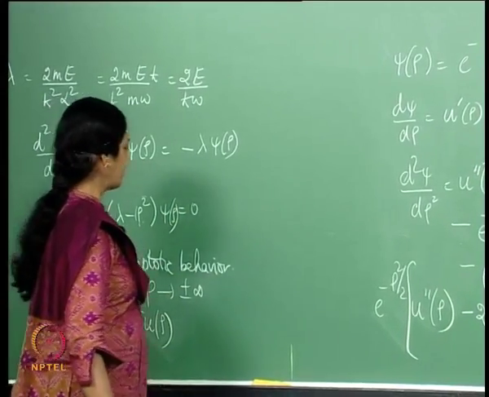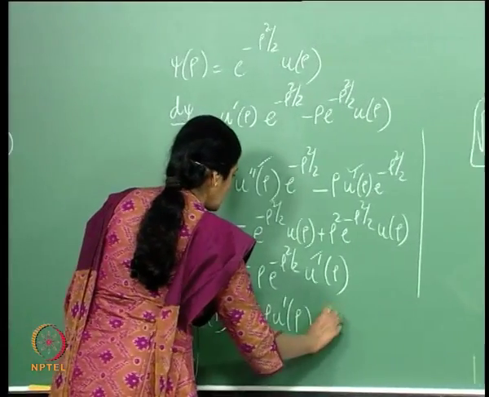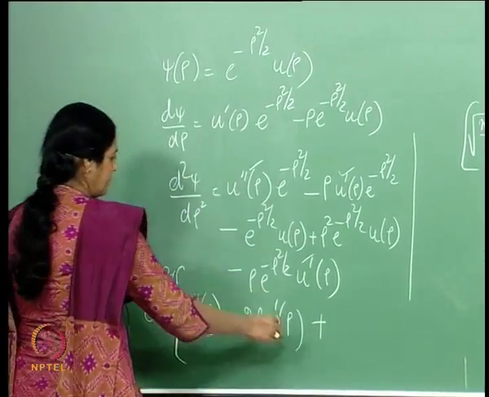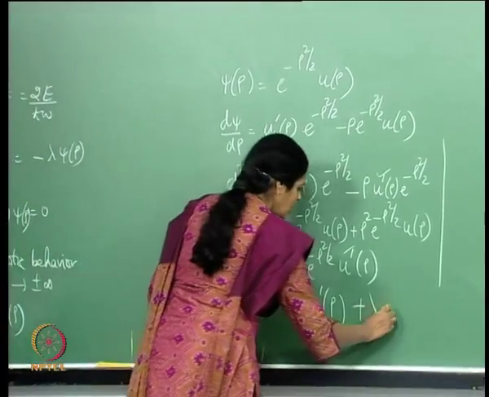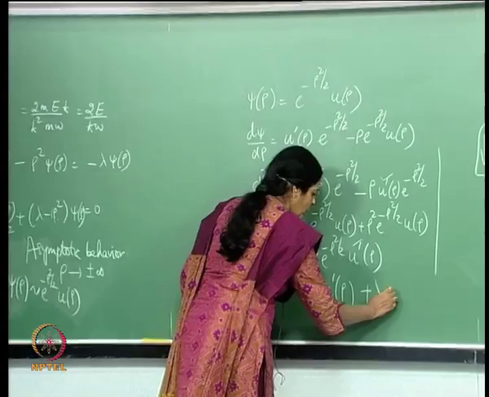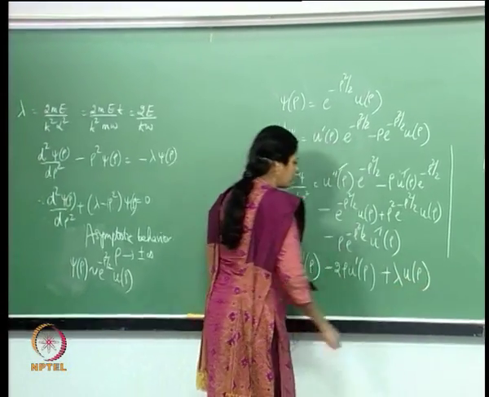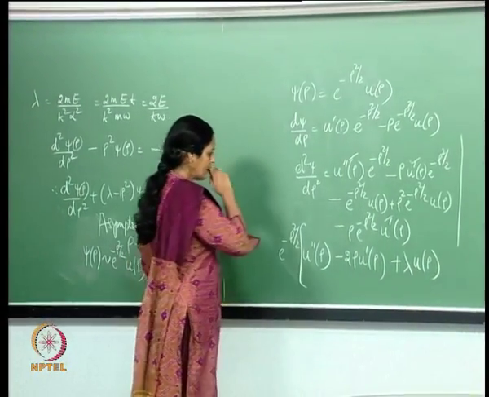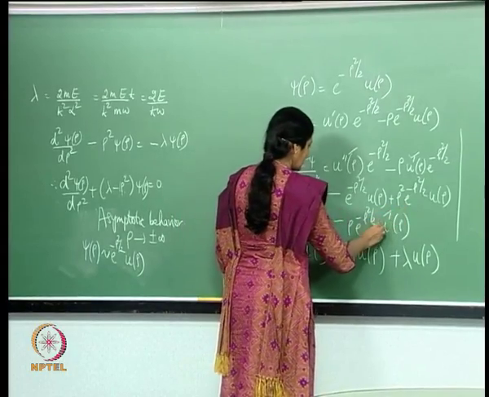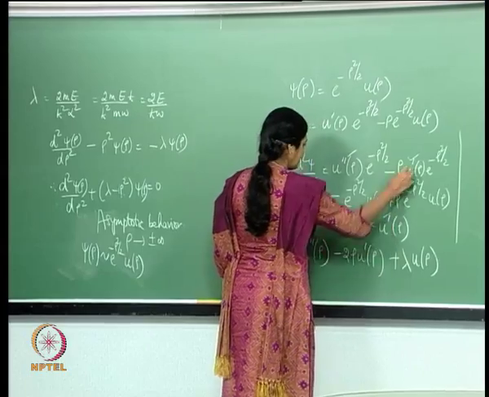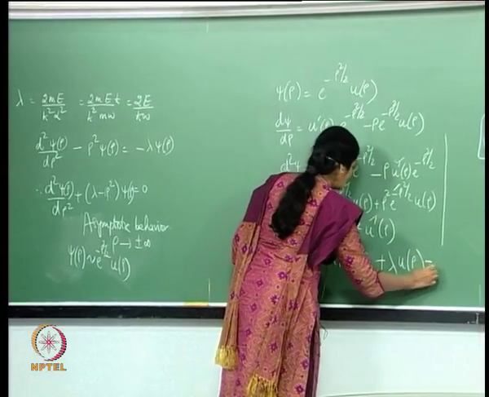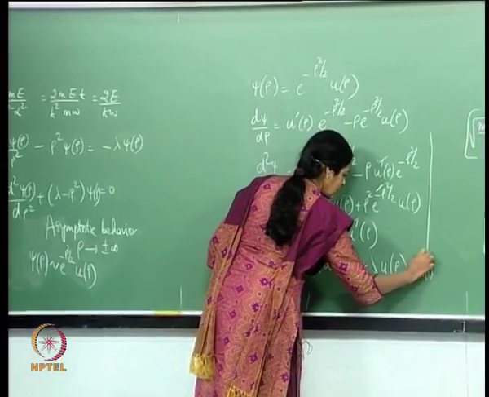And then of course I have lambda, so I have out here plus lambda psi of rho, and I have pulled out an e to the minus rho squared by 2, therefore I have a lambda u of rho, that is there. So I have already taken care of all these terms except this one, which is a minus u of rho.